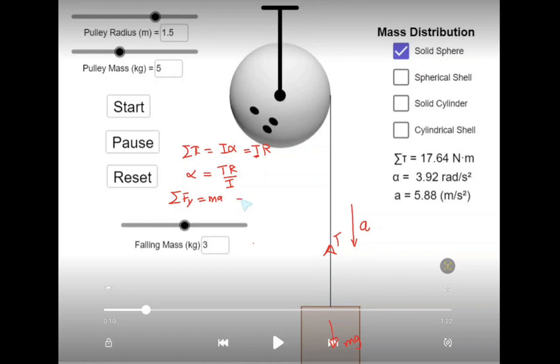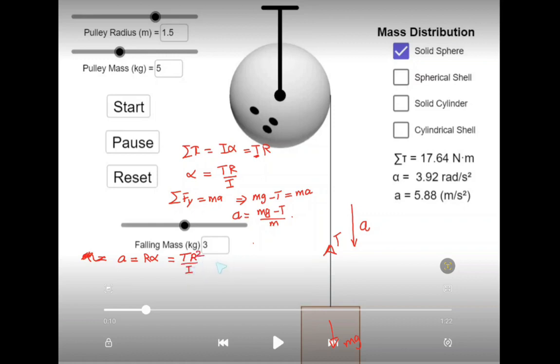Now mg minus tension is equal to ma, or in other words, a is equal to mg minus tension over m. Now a is equal to R alpha, or equal to T R square over I.